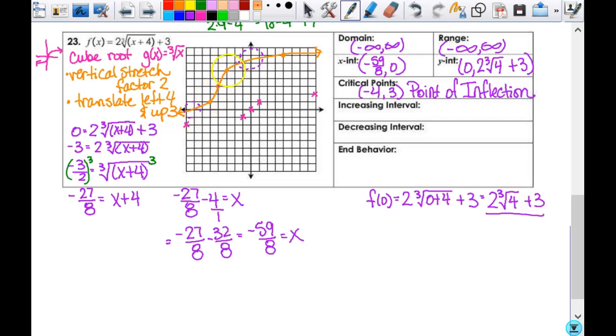Well, it's increasing over the entire domain, so it's negative infinity to infinity, which means it doesn't decrease at all. As x approaches infinity, f of x approaches infinity. And as x approaches negative infinity, f of x approaches negative infinity. And there is 23.